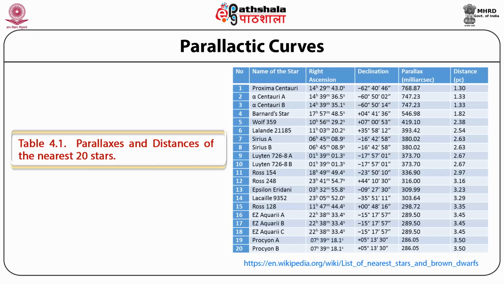Alpha Centauri E, another star, has a right ascension of 14 hours 39 minutes 36.5 seconds. Its declination is minus 60 degrees 50 minutes 2 seconds. Its parallax measured in milli-arcseconds is 747.23 and its distance is 1.33, and so on. So we can clearly see that stars are very far away from us.